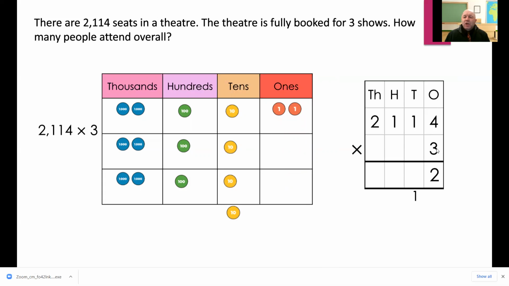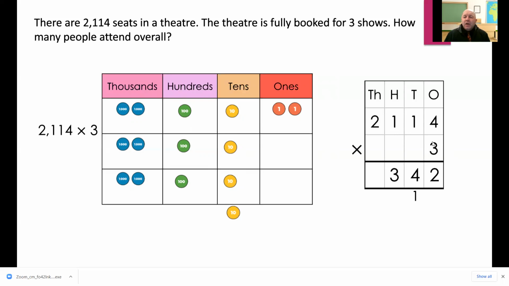Then we go to our tens column, 3 times 1. Well, 3 times 1 is 3, but remember, we've carried that 1 across, so altogether we've got 4 tens. Then we move to our hundreds column, 3 lots of 1. You can see we've only got 3 hundreds there. 3 lots of 1 is 3.